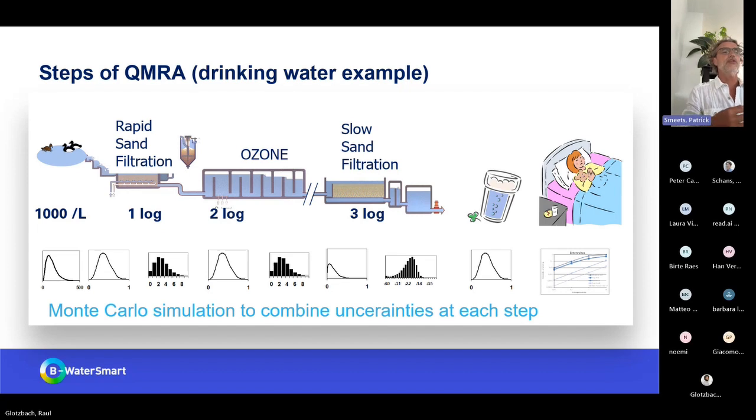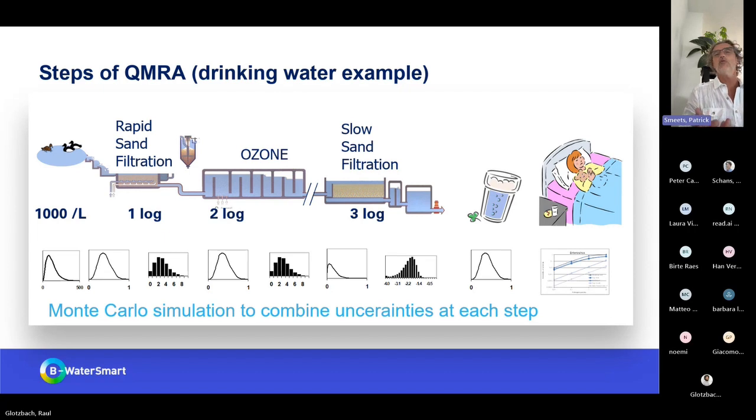And typically, that effect of a treatment step we express as a log reduction, because we know that we need many factors of reduction of pathogens to meet safe water. So a 90% removal means 10% of the pathogens go through a process. Therefore, the concentration is reduced tenfold. So we call that a 1 log reduction.